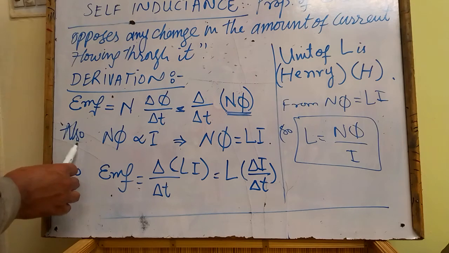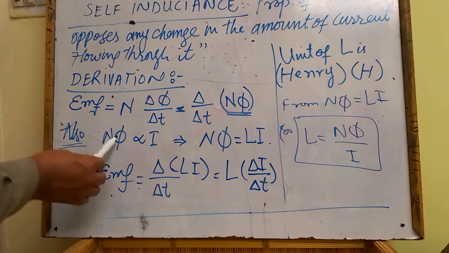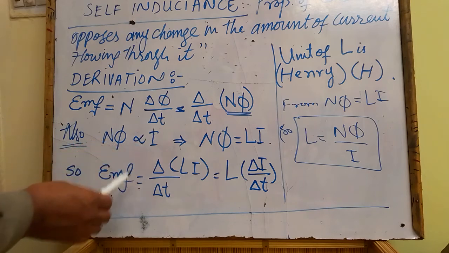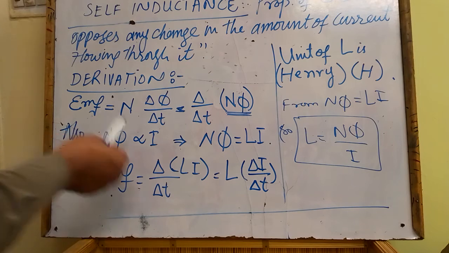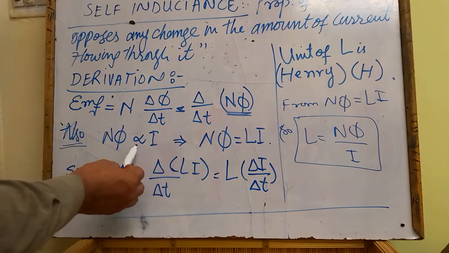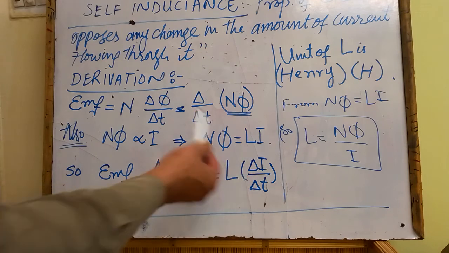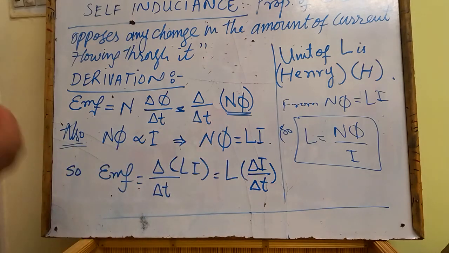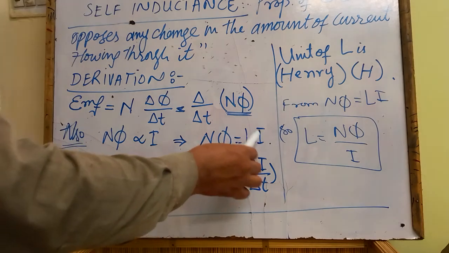We can also see practically that N phi is directly proportional to the current I. The more current is flowing through the coil, the more flux linkage there will be. Converting this proportionality into an equation, we introduce the constant L, which is the symbol for self-inductance. So we can write N phi is equal to LI.